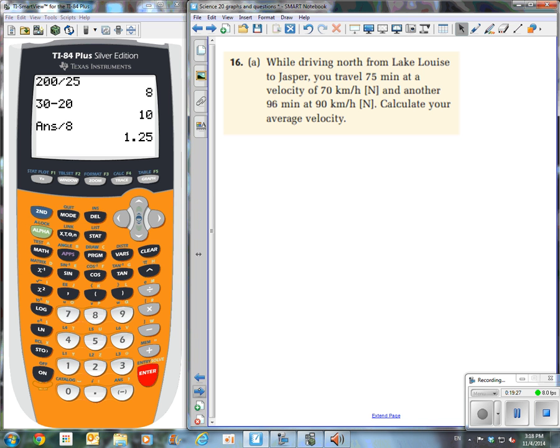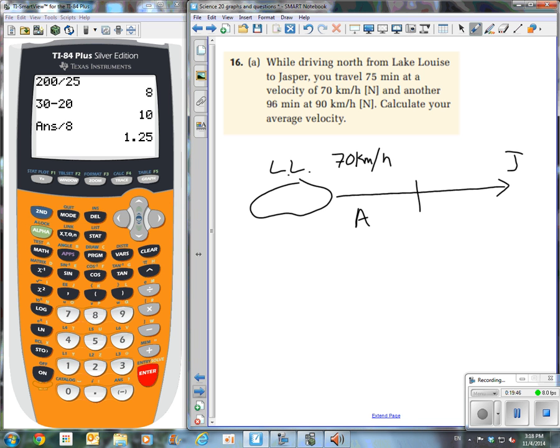We've got these 2 sections of my trip, where we've got Lake Louise, and I'm going to travel to Jasper. But I've got these 2 portions. I've got portion A where I travel 70 kilometers per hour for 75 minutes.